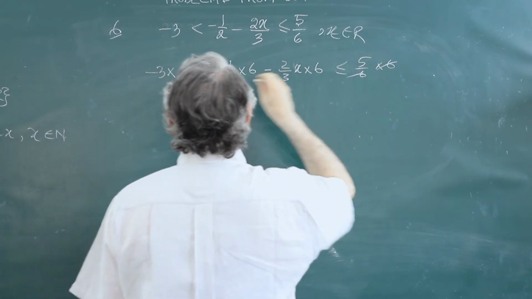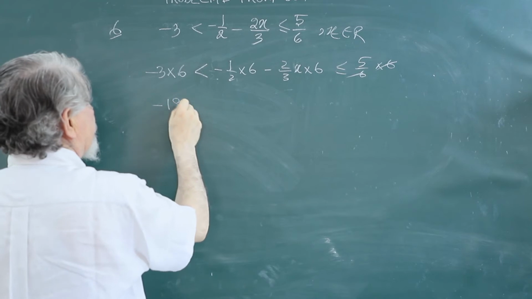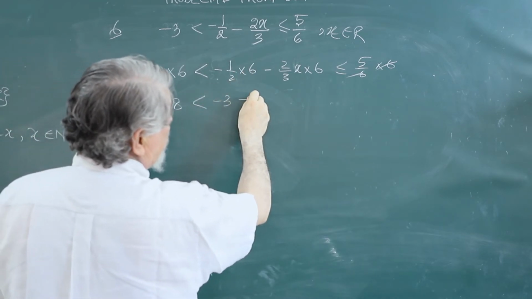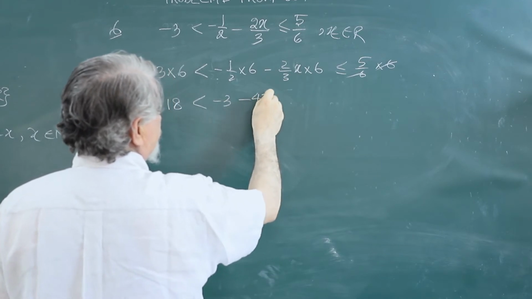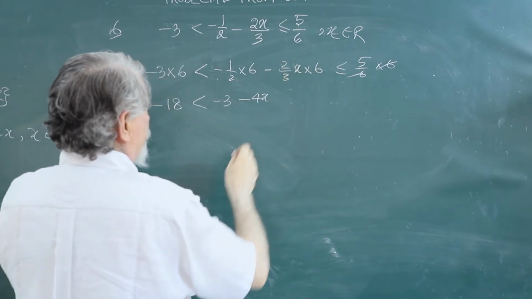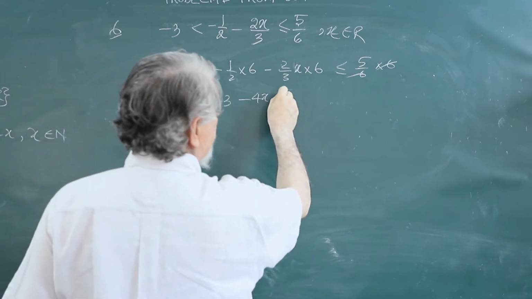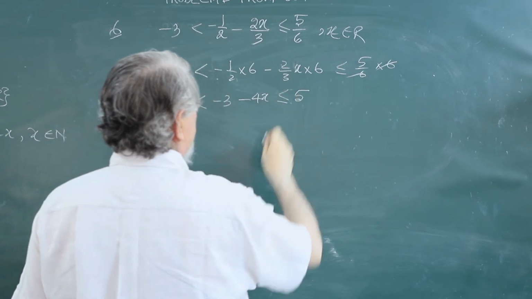So these 6s will cancel. It will become minus 18, less than minus 3 minus 4x, because 2 3s are 6, so minus 3, and 3 2s are 6, 2 2s are 4x. Minus 3 minus 4x is less than or equal to 5, because 6 is cancelled.